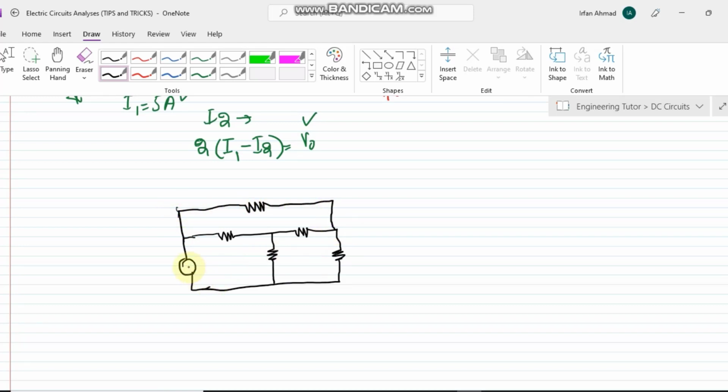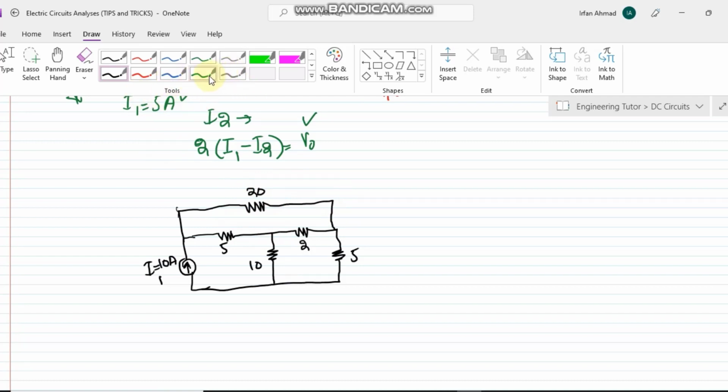Let me call it I1, and the value of I1 is, let's say, 10 amps. The resistor values are 5 ohm, 10 ohm, 2 ohm, 5 ohm and 20 ohm. I'm not writing the omegas with these quantities because it is already understood that these are resistances. In order to avoid confusion, I have mentioned it.